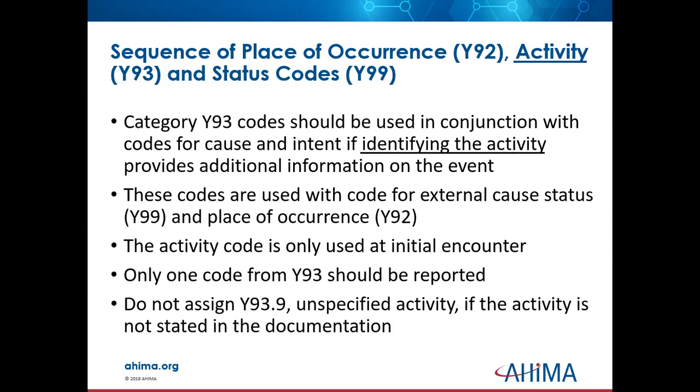As with the place, they're only used at the initial encounter, and you can only have one activity at a time. And as we saw with place, we don't assign Y93.9 unspecified activity if the activity is not stated in the documentation.